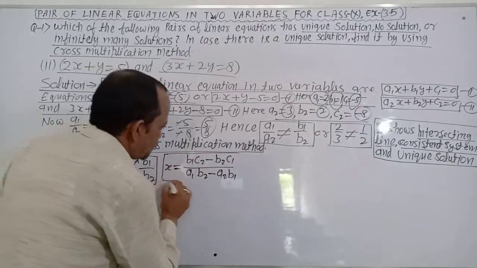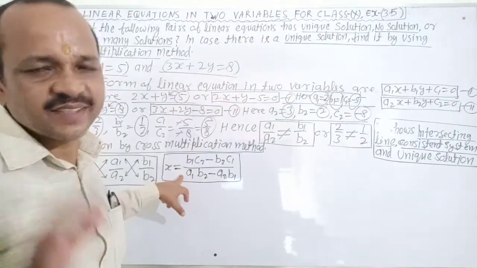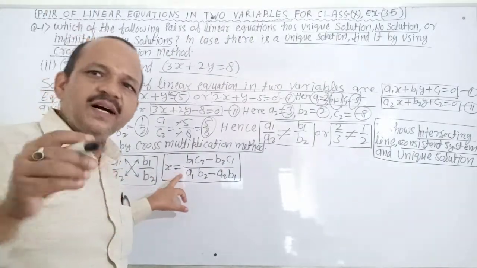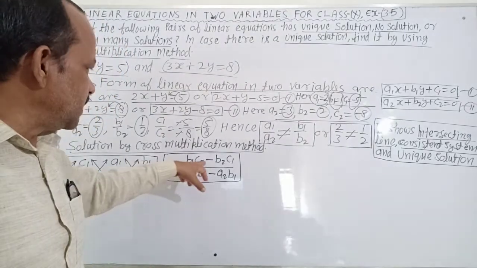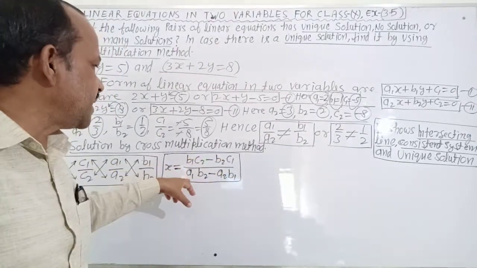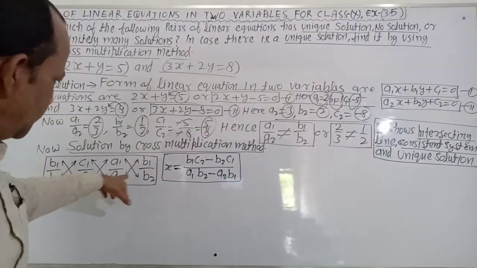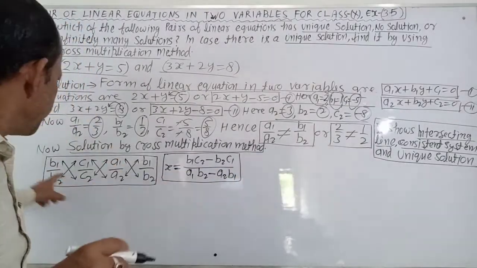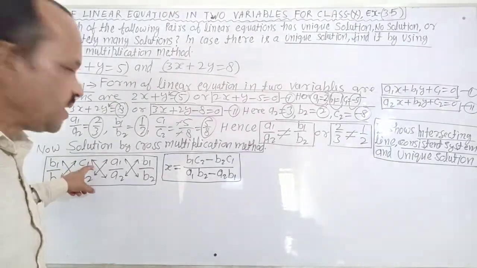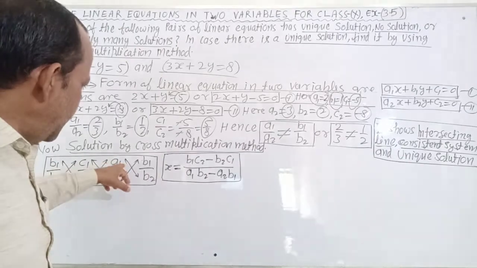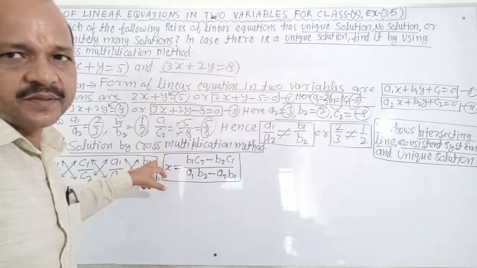It is formula for x. Clear? It is formula for x. You find x equal to b1 c2 minus b2 c1 upon a1 b2 minus a2 b1 by the help of this chart. Clear? b1 c2 minus b2 c1 upon a1 b2 minus a2 b1. Clear?